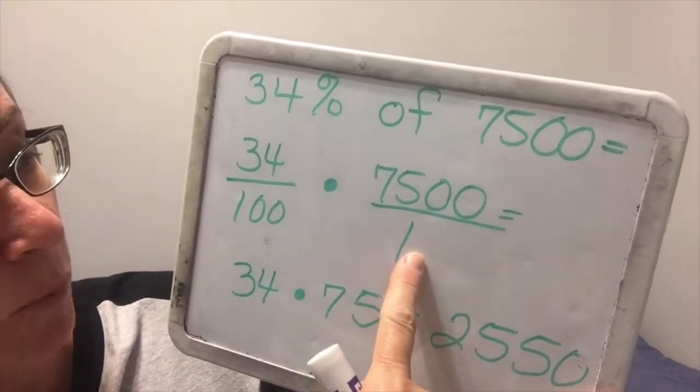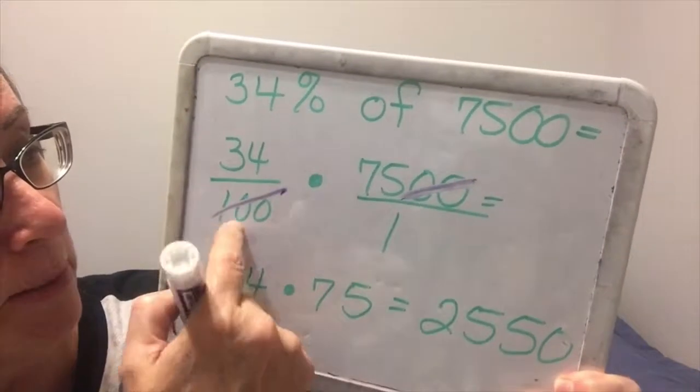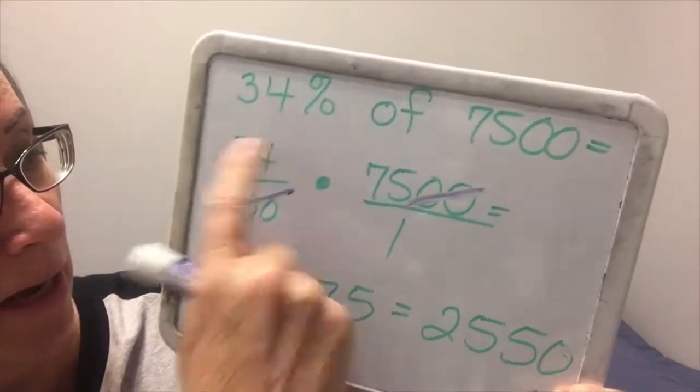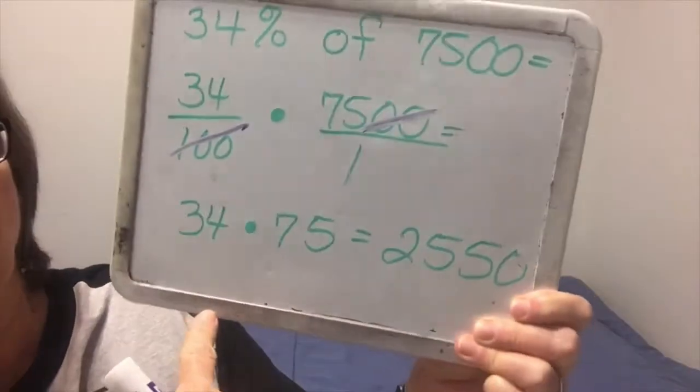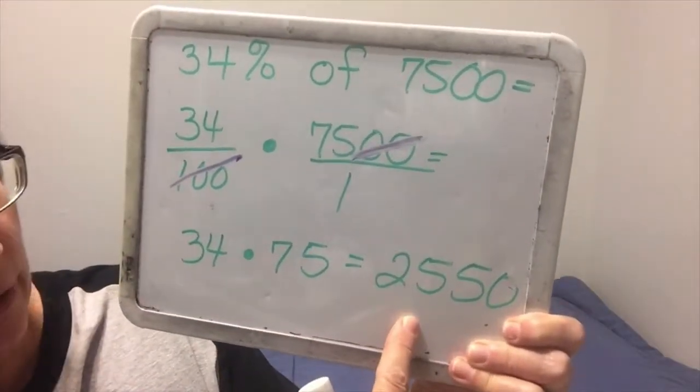We already were able to cancel the zeros, one on the denominator and one on the numerator, and we get 75 times 34, and 34 times 75 is 2,550.